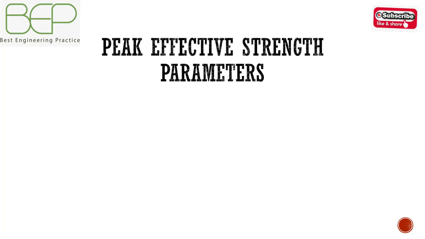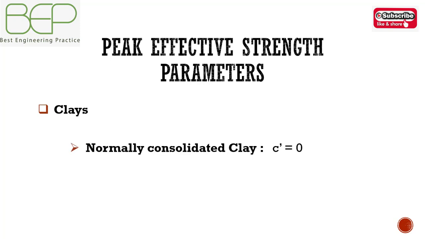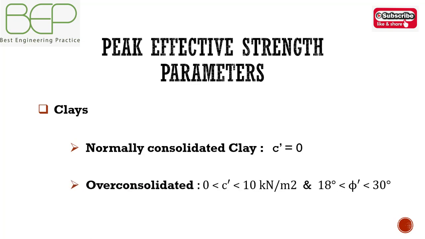The peak effective angle of friction of cohesive soils does not vary widely, but the effective cohesion intercept may be very different from one soil type to another and from one test result to another. For normally consolidated clays, the effective cohesion is equal to 0. And as soil becomes more heavily over-consolidated, its effective cohesion intercept is found to increase.